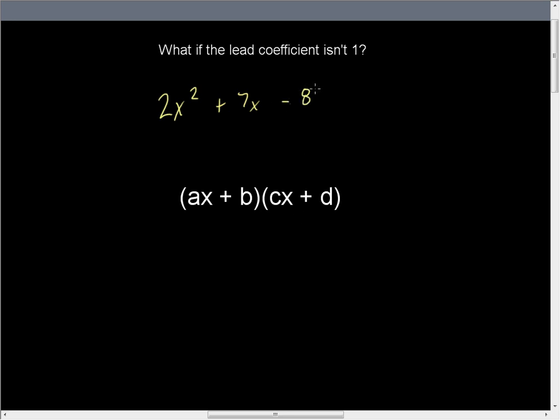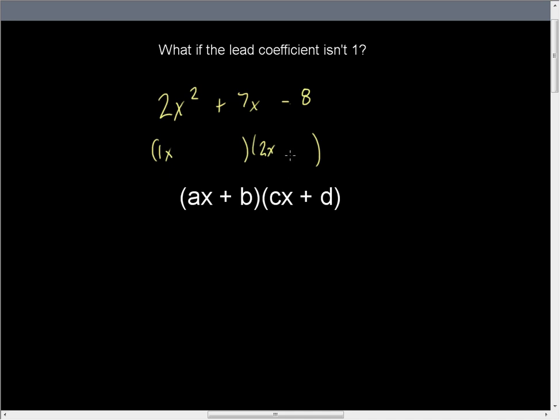I happen to know that this one is factorable, but I just wanted to throw it out there as an example. If you notice, I have a 2 in front now. Well, in order to get a 2 out of multiplying, I need a 1 for an x, so I need an x over here. I need x's in order to get my x squared, but I need a 1 over here, and I need a 2 over here.